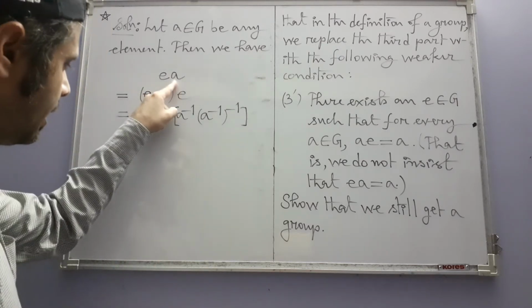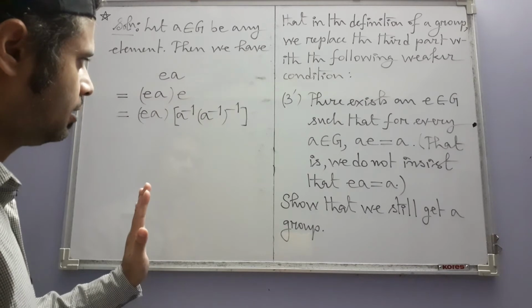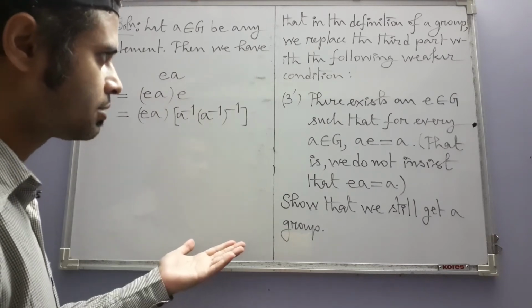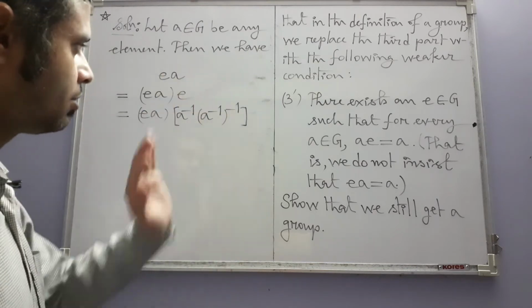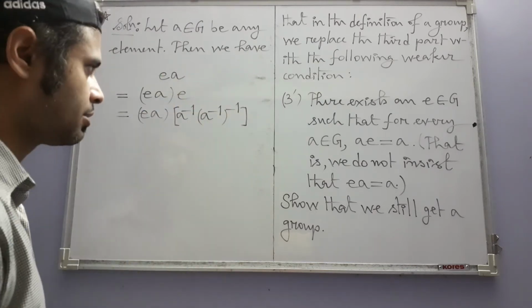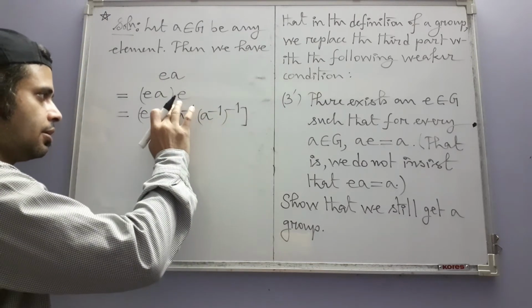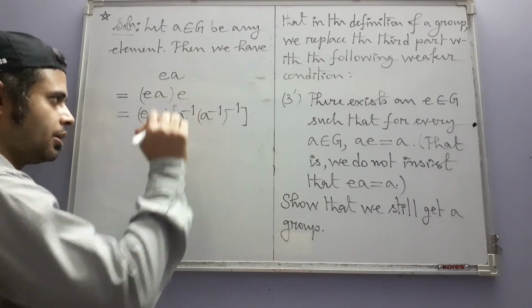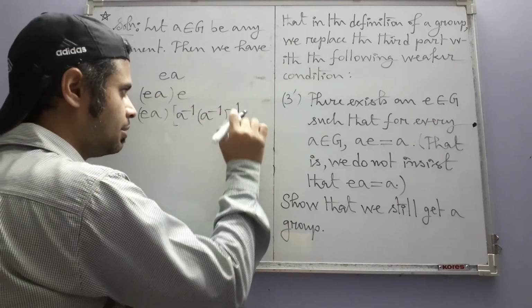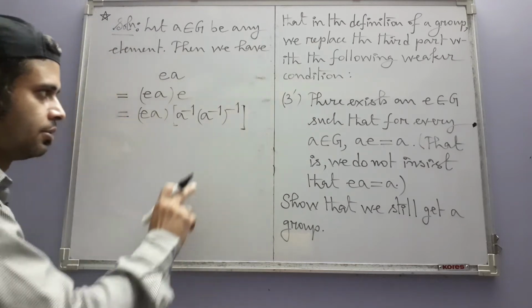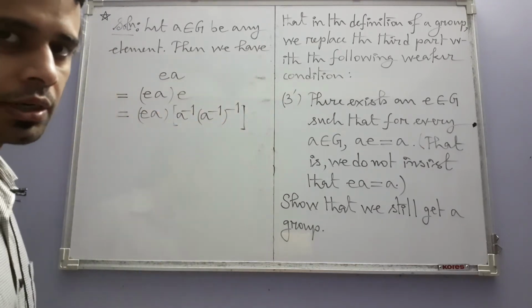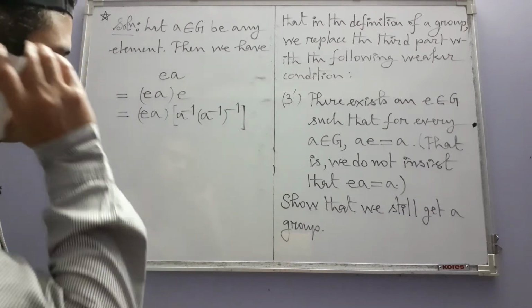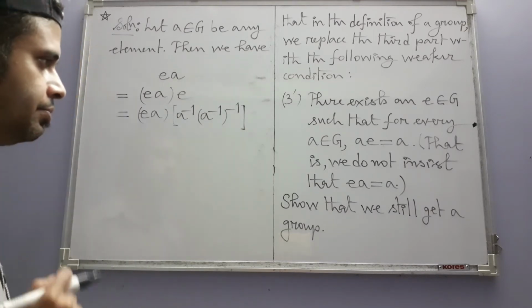So A has its inverse, which is A inverse, and A inverse being an element in G also has its own inverse, which is A inverse inverse. But there is a potential for making a very tremendous mistake here. Don't write A in place of A inverse inverse. Do you see why?